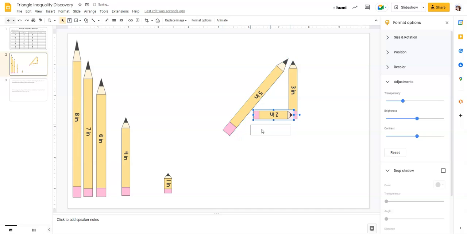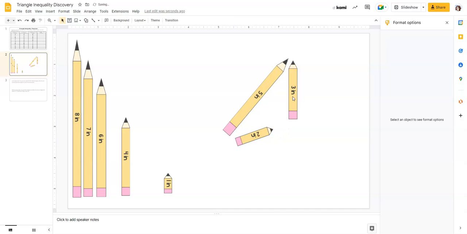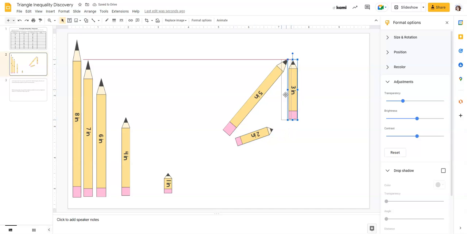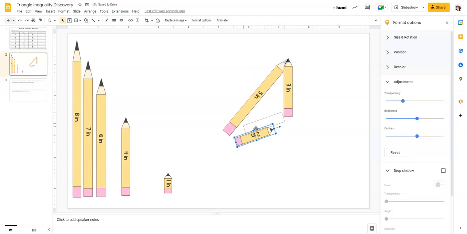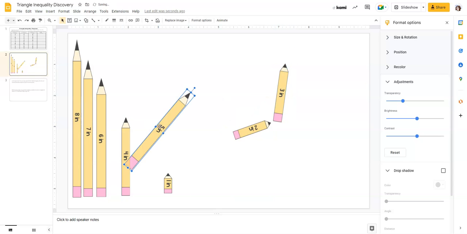So there's no way for me to take this 2-inch pencil and this 3-inch pencil and connect them in such a way that the lead of one touches the eraser of the other, and the eraser of the 5-inch one touches the 2. No matter how I rearrange these, they are never going to be able to touch properly. Again, I wouldn't be able to do it with the 4 either, because 4 is of course less than 2 plus 3.